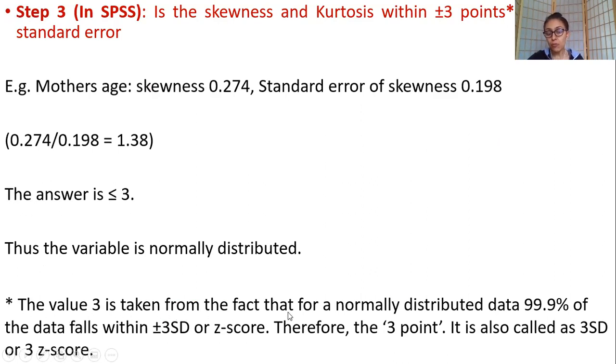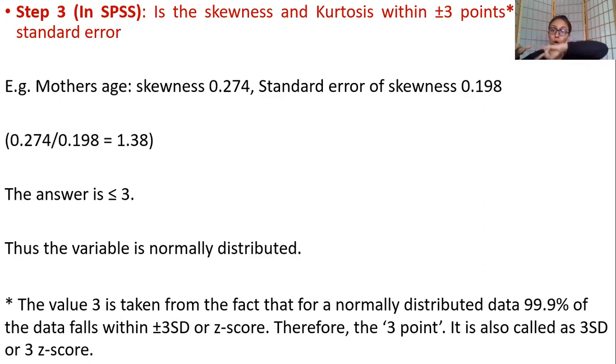The value 3 is taken from the fact that for normally distributed data, 99.9% of the data falls within plus or minus 3 standard deviations, or Z scores. If you look at the normal distribution bell curve, you see 0 over here, the central tendency, then you see 1, 2, 3, 1, 2, 3, which are your Z scores.